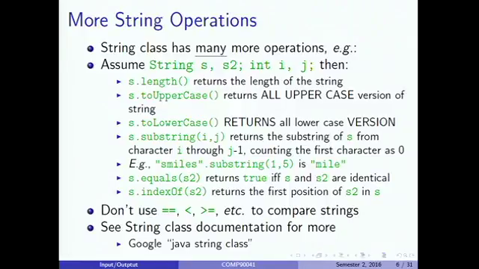So it's mile. Okay? The way to think about this is if you take that number and subtract that number from it, that tells you how many characters you're going to get. Okay, so 5 minus 1 is 4, so the string is going to be of length 4.